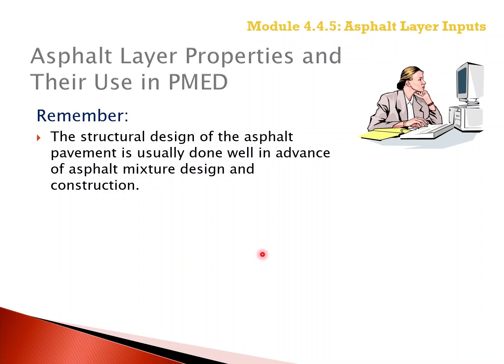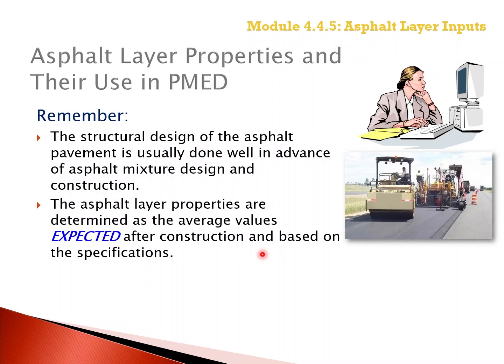Just like for the other processed materials, this is where the agency's material and construction specifications and the historical construction database become important and is the tie between structural design and construction.